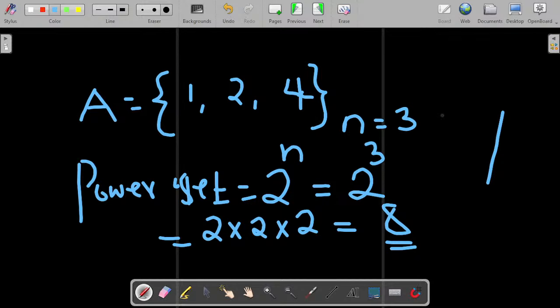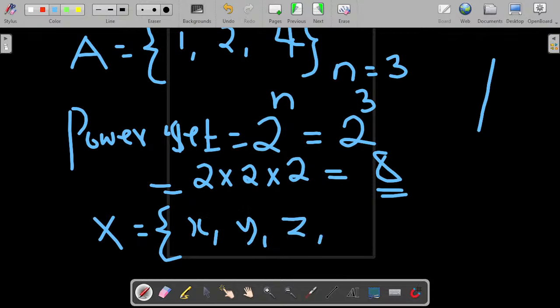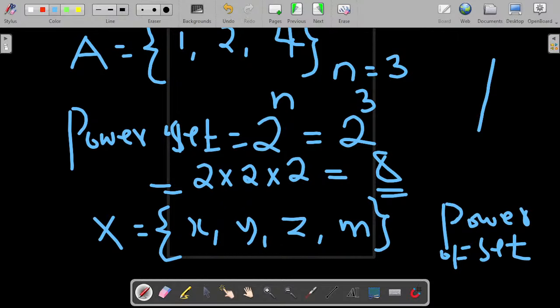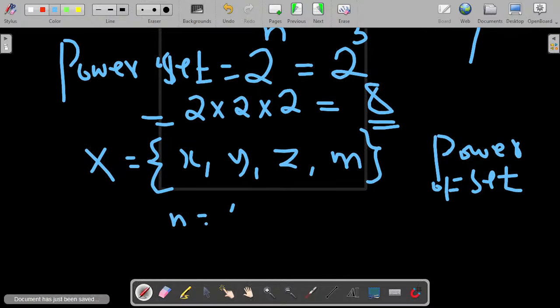So if we have, for instance, set X as X, Y, Z, and M, I will also find the power of the set. How many elements are we having this time in the set? 4 elements. That simply means your n is 4.